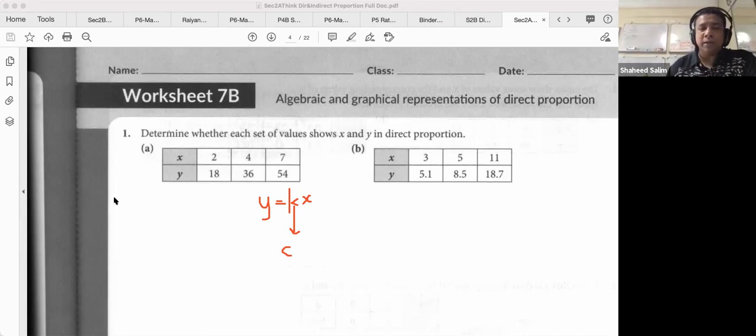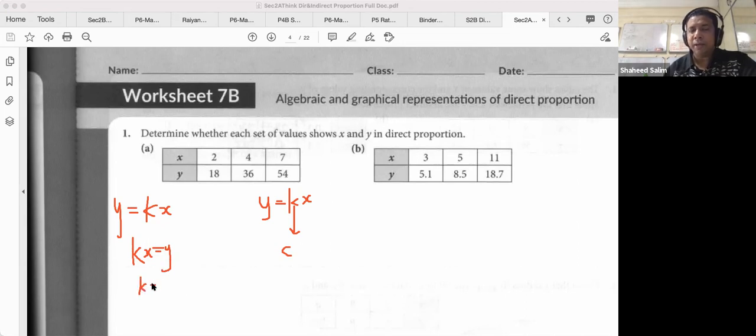Okay, let us look at this equation. y equals kx. Now I want to find what k is. So I write kx equals y. Right? Still the same. I'm just rearranging, and then I divide this side by x and this side by x, you get k equals y over x.